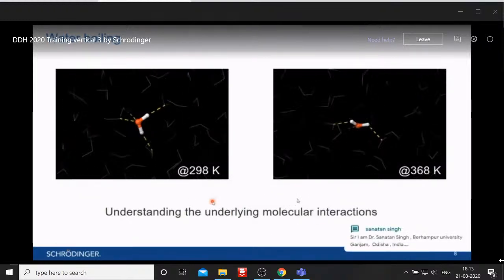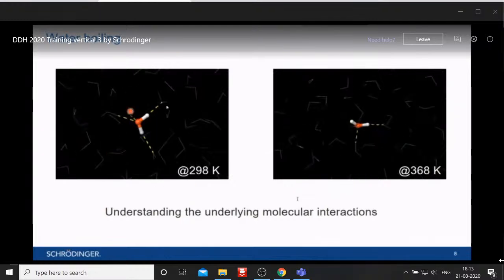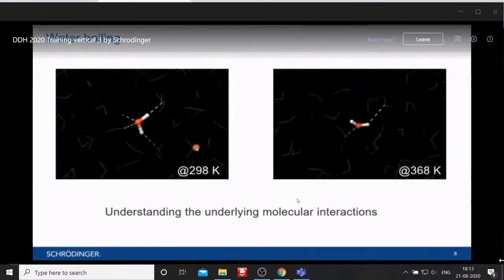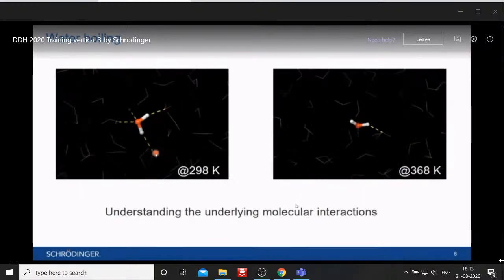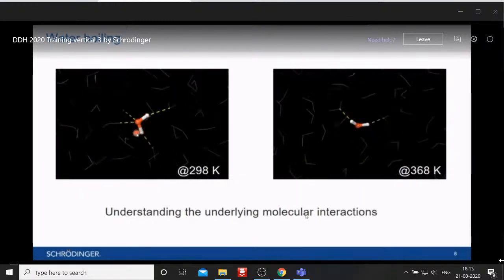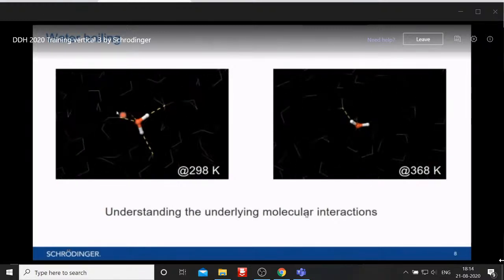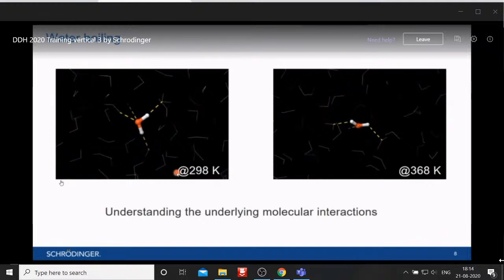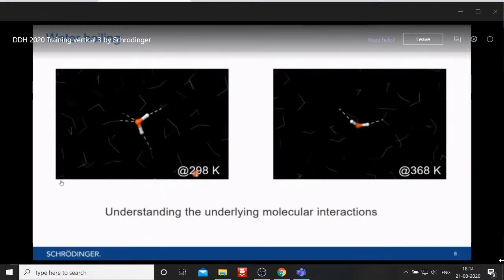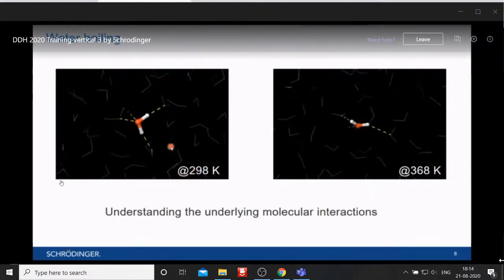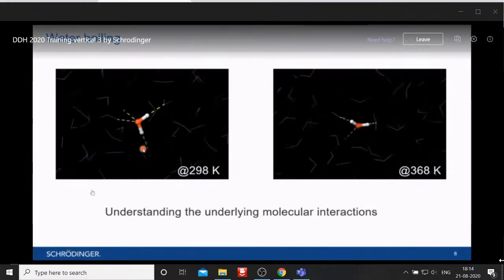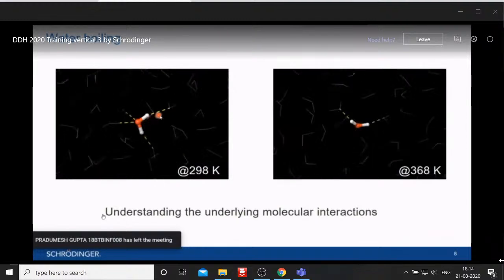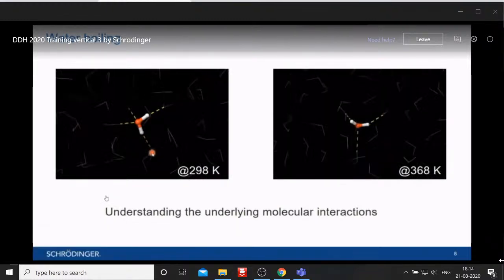On the left-hand side, this is the MD simulation of water in liquid phase. Whenever water is in liquid phase, this central molecule is a single water molecule surrounded by many other water molecules. At room temperature, 298 Kelvin, it is in liquid form. And water is in liquid form because of hydrogen bonding interactions with the surrounding water molecules.